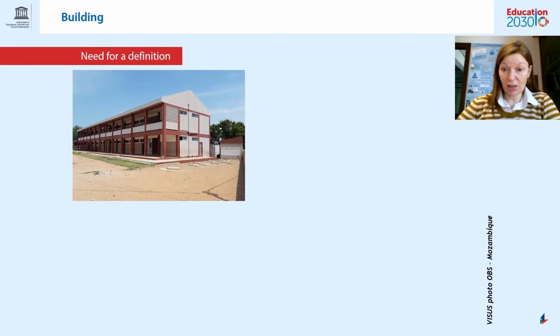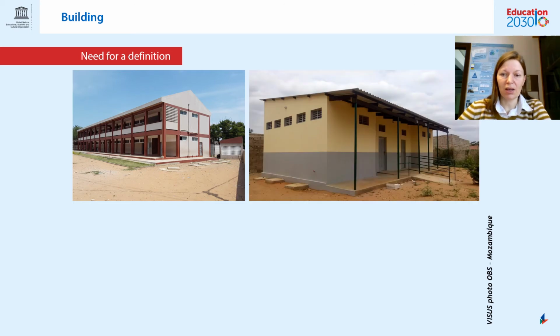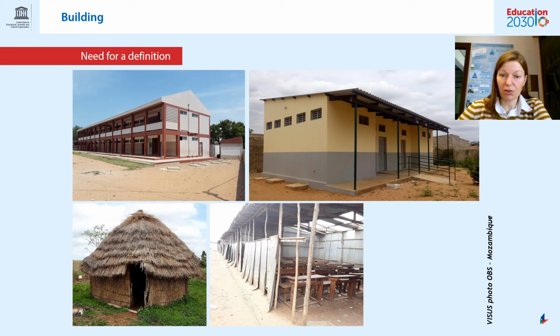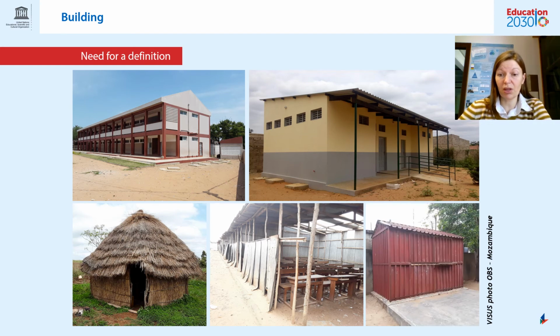We found the need to define what is a building. It is not so simple. So we just show here some examples that are very simply configurable as buildings, but also this can be a building. Also, this is a building in some country for schools, and also this is considered as an ancillary building in a school complex.